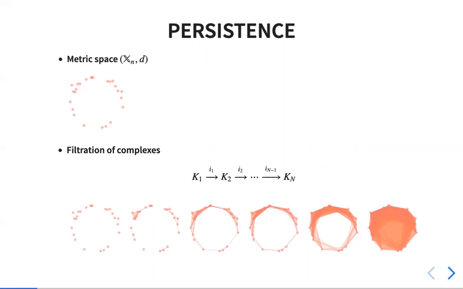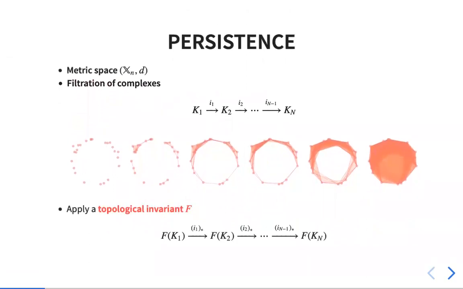There are a couple of talks before that show some methods to construct the filtration of simplicial complexes or CW complexes or complexes in general. And the idea is to apply your favorite topological invariant and try to understand how these topological invariants evolve along all the levels of your filtration.